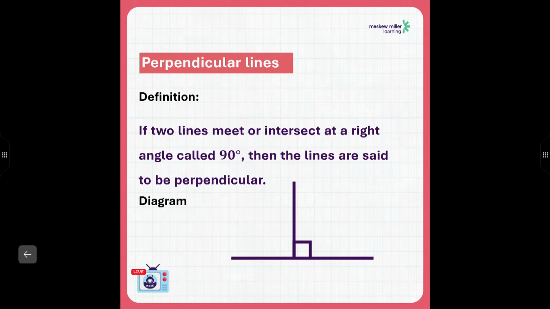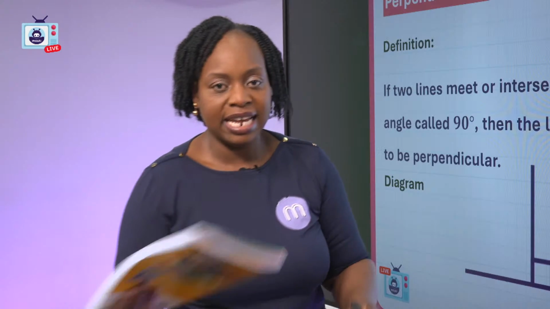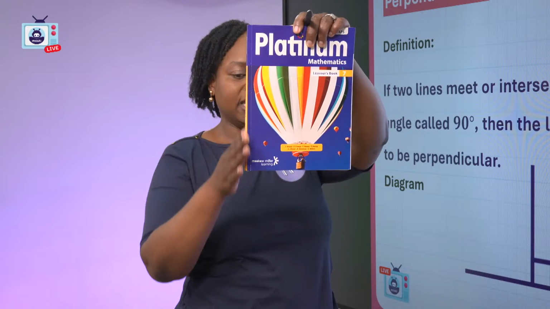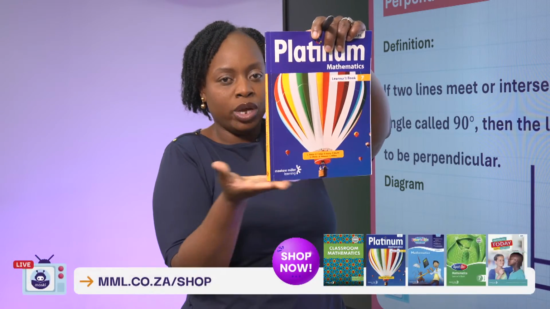Then we have one other line, which is called a perpendicular line. If you remember, when we were doing construction, we constructed the perpendicular line at 90 degrees. Whenever you see two lines in your space, I use the example of a book, in most cases, or a door. So you have your book here. There's a line going this way, and then there's one going horizontally.